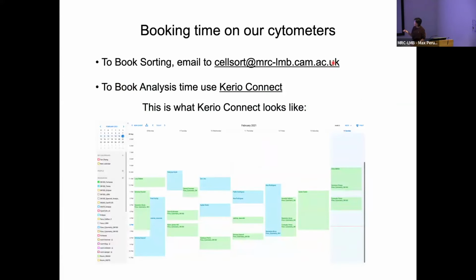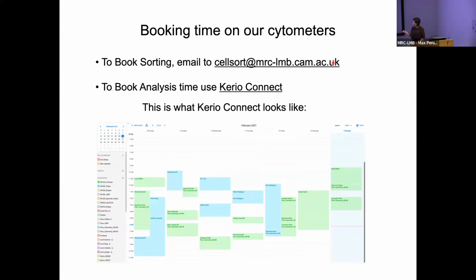To book time on our cytometers, again, you're welcome to come to talk to us. To book sorting, email the CellSort email address and tell us what you want to do, what cell type, and how many cells you want to sort. We can agree a time and book on our calendar. To book an analyzer, you come to us for training.